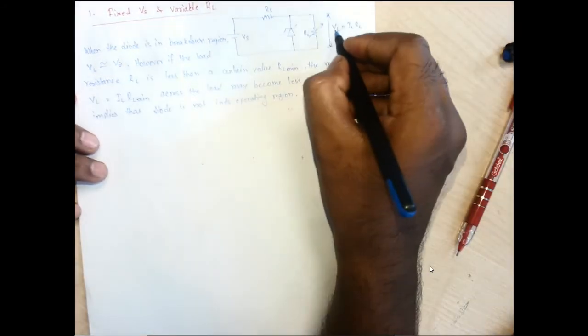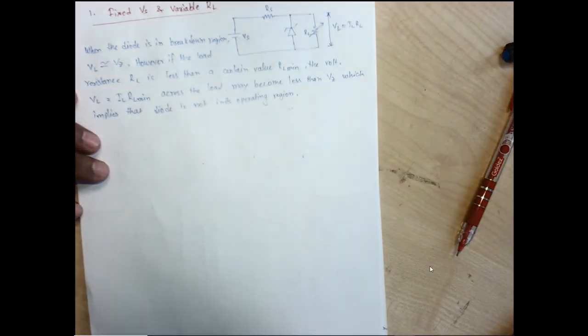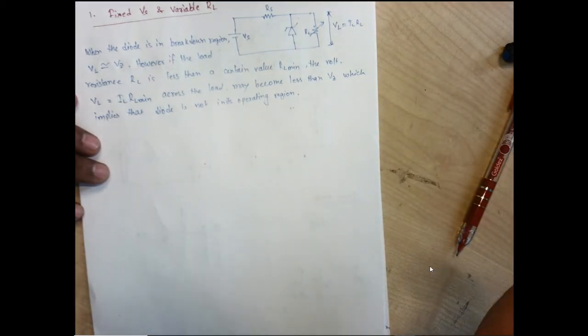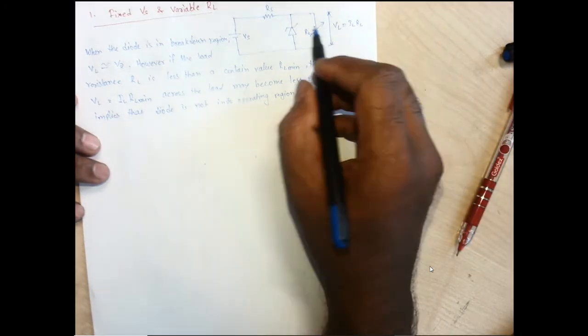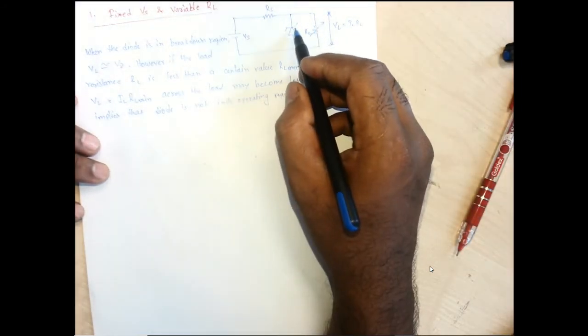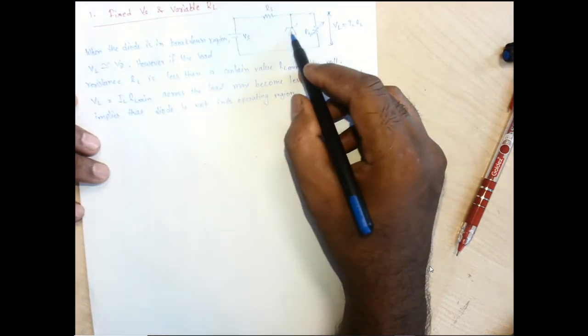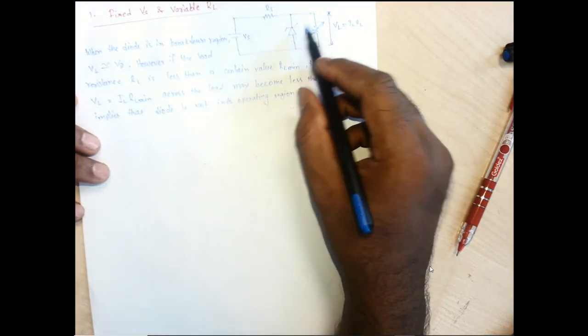Let us consider our Vz is 6 volt. If the load voltage is also 6 volt, then we can say yes, 6 volt is applied across the diode, and it is already in the breakdown region. Now extra amount of current can flow through this Zener diode. But before that, if the load voltage is not sufficient to put the Zener diode into breakdown, then this Zener diode does not operate as a regulator.